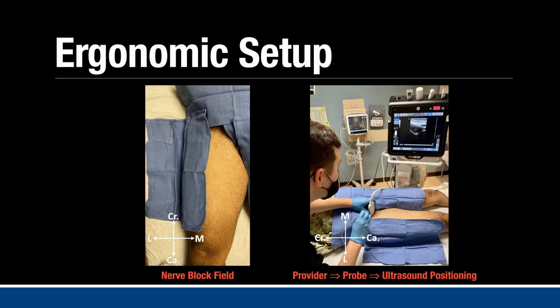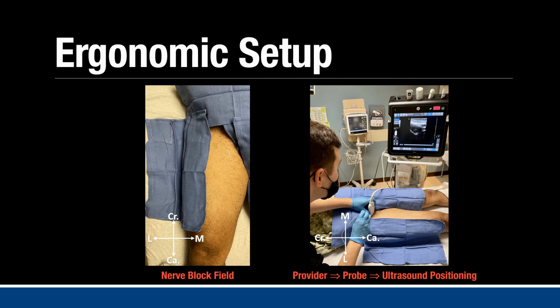The last thing I want to talk about in regards to block basics is ergonomic setup. We should be setting up these nerve block procedures in a way that makes sense and that optimizes performance. As with any procedure that's sterile, you want to expose the minimum amount of field that's necessary for landmark identification.